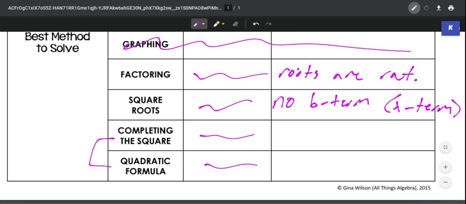So when do you use completing the square? When there is no x squared coefficient. Can't remember how to spell coefficient. Coefficient, I think. Maybe. So when there's no x squared coefficient and there's an even x term coefficient.